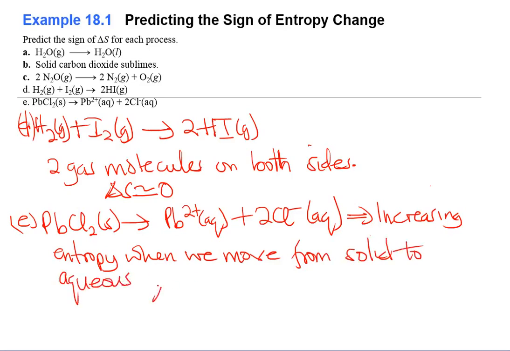So this tells us that delta S is greater than 0, or the entropy is going to increase.